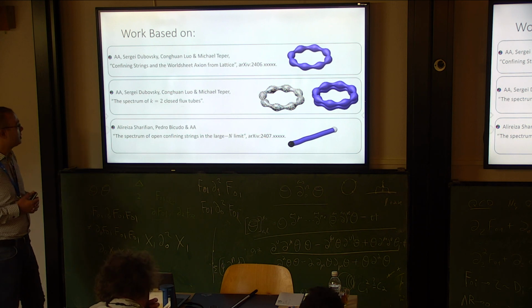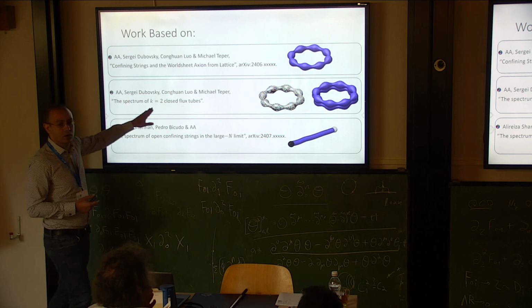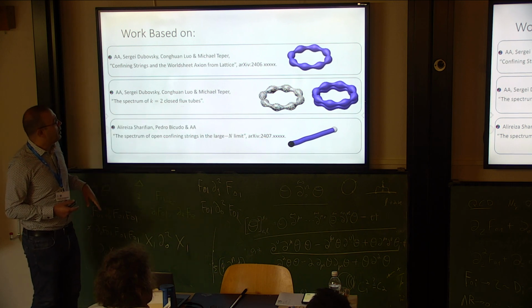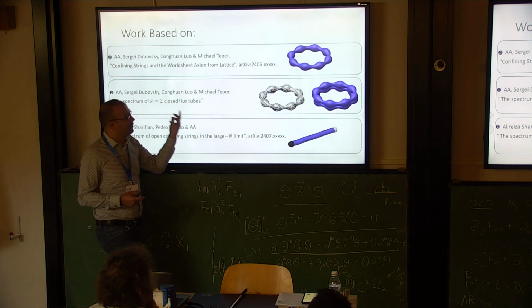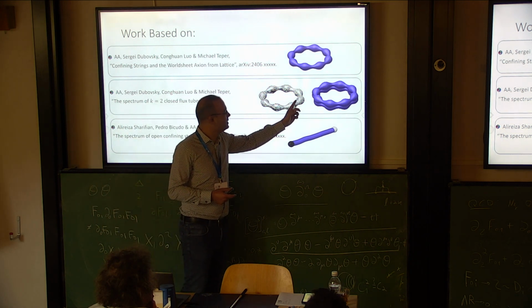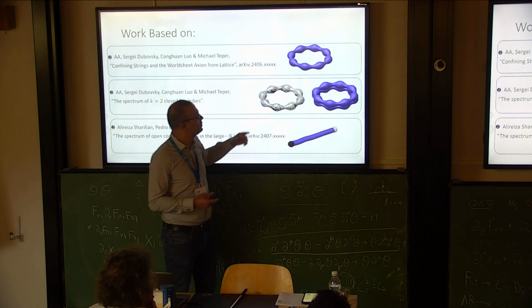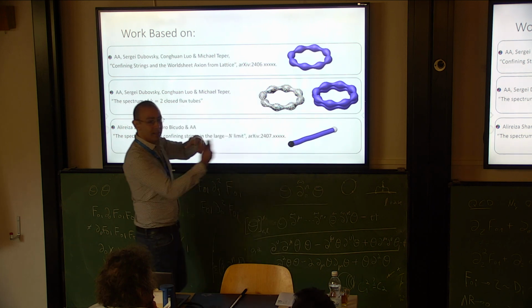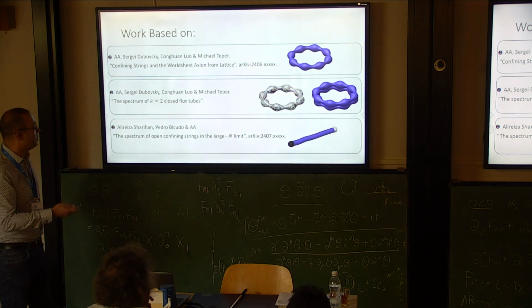And here we focus on the k equals 2 antisymmetric representation, where we can think of these as flux tubes that wind twice around the torus, or flux tubes that wind once and couple with each other.